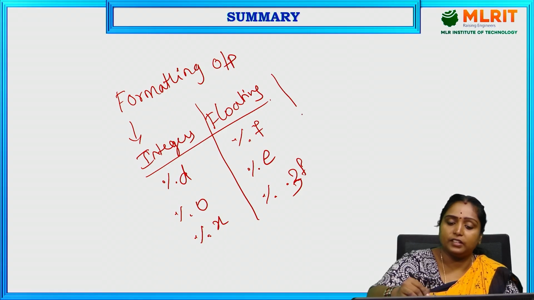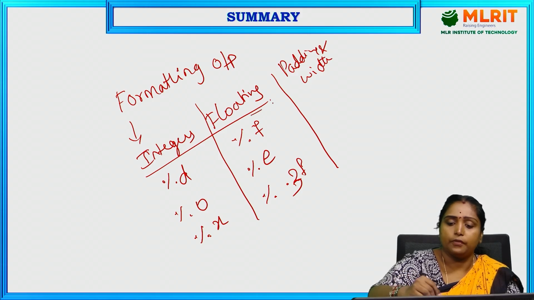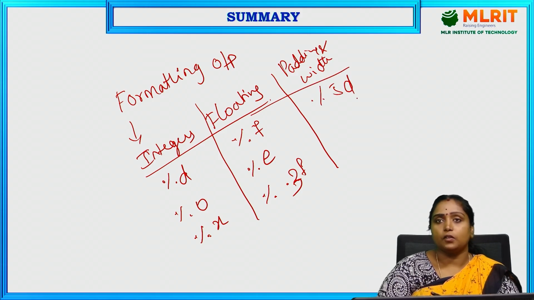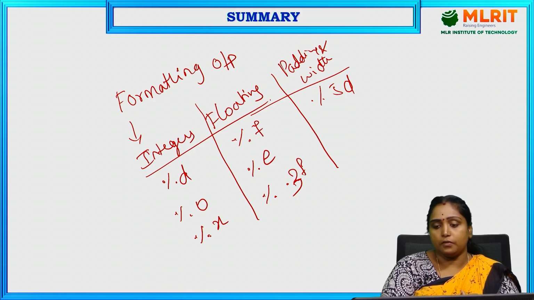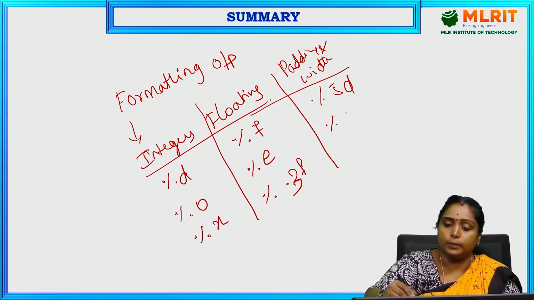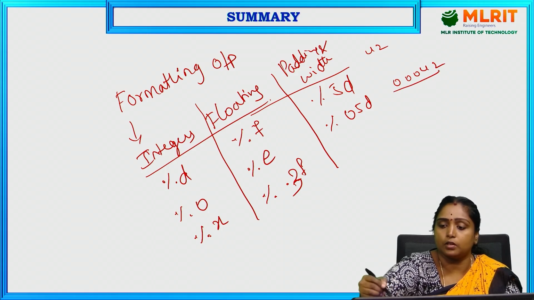And next we have seen padding and width. If I want to give some space, you can use 5D. So before printing this value, it will give 5 spaces. If I give 05D and my value is 42, it will give 3 zeros and 42, which is a total of 5.